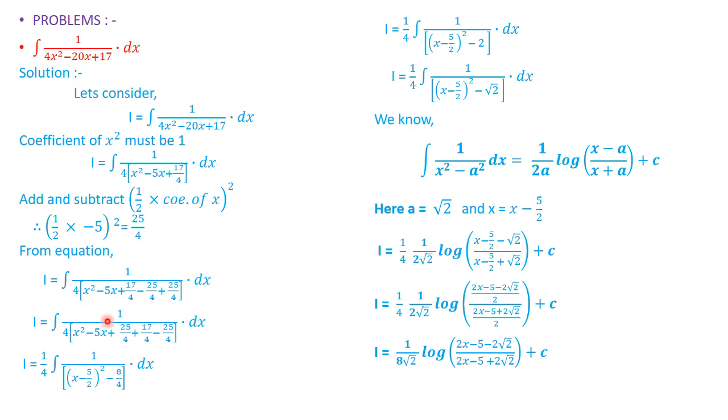As I have told you, in a perfect square expansion, first term and last term are always positive. Therefore we take plus 25 by 4 here and minus 25 by 4 is taken here. Now x square minus 5x plus 25 by 4 is a complete square of.